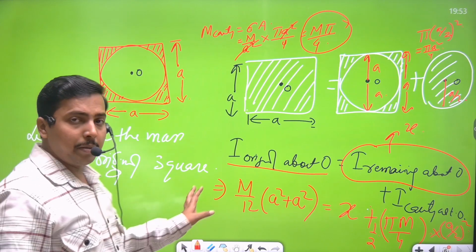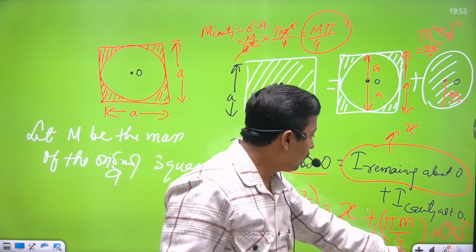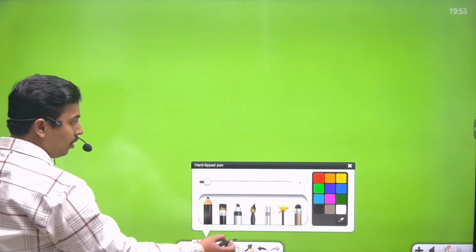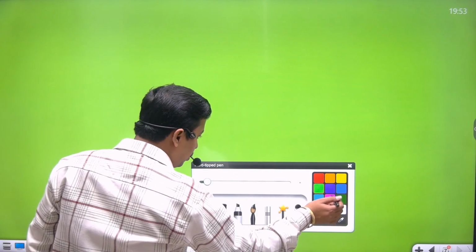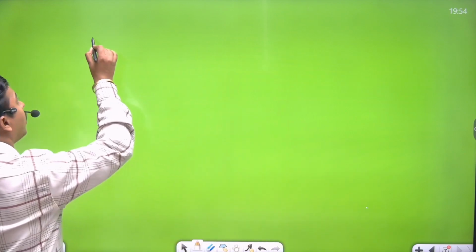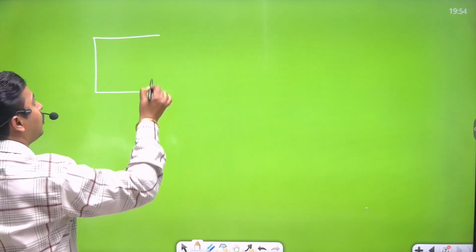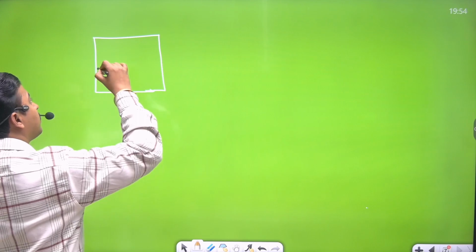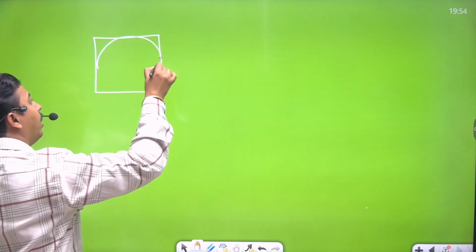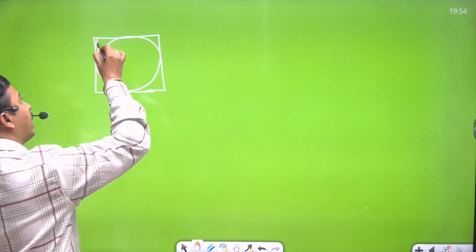Life may not be as simple as this question. In some questions, you may have to find the moment of inertia after I shift the point like this.